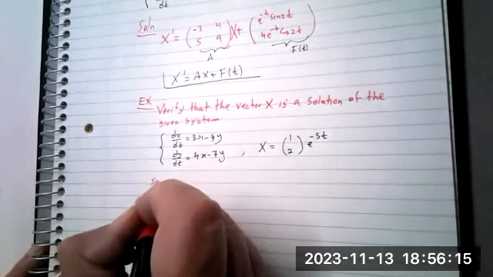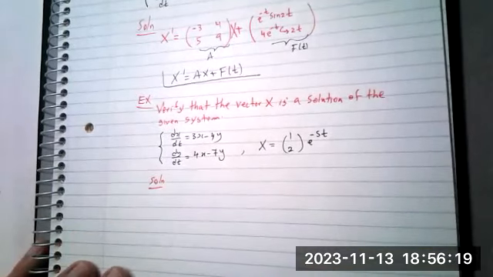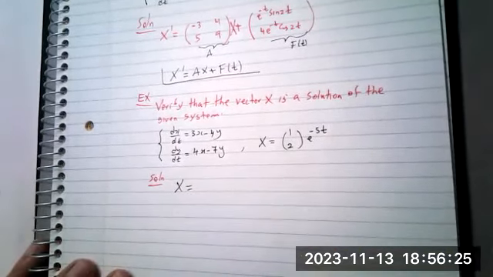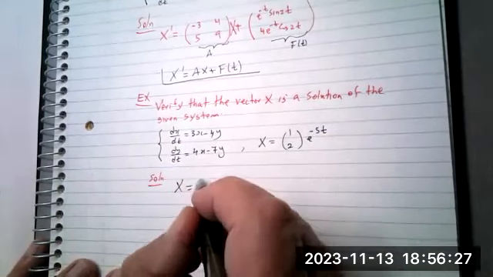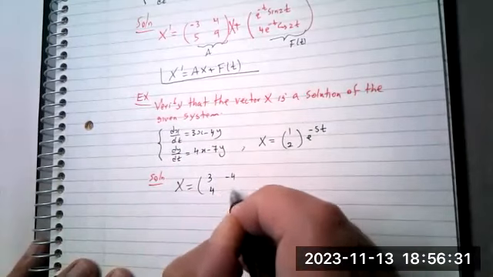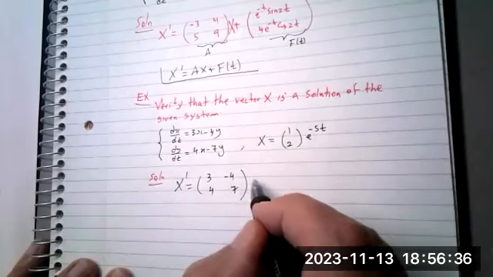So you can change it to the linear system. This is going to be x prime equal to the coefficient matrix, 3, -4, 4, -7, times x. You have to prove this one.